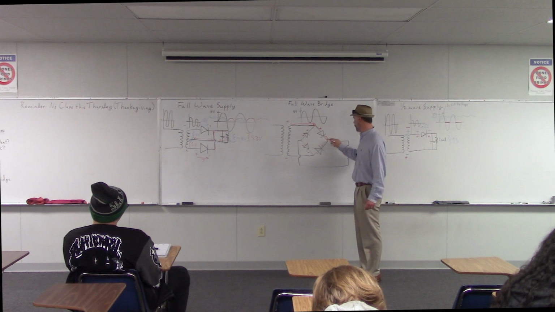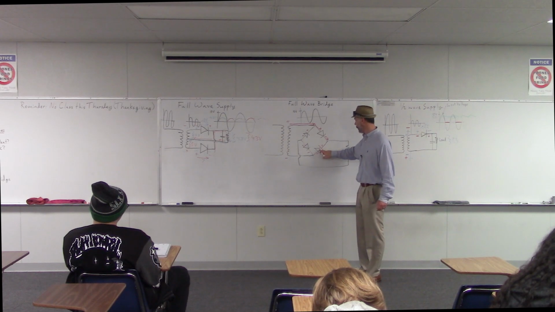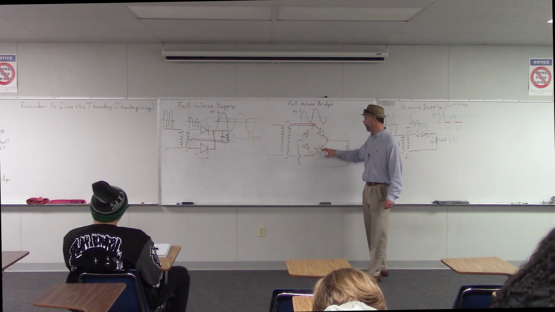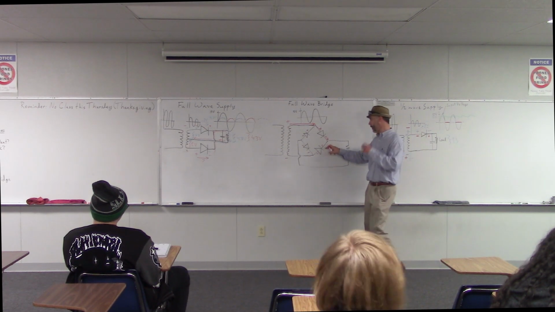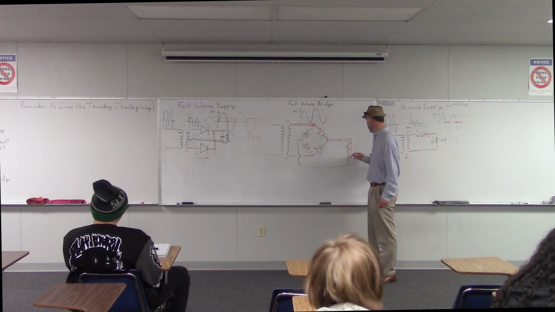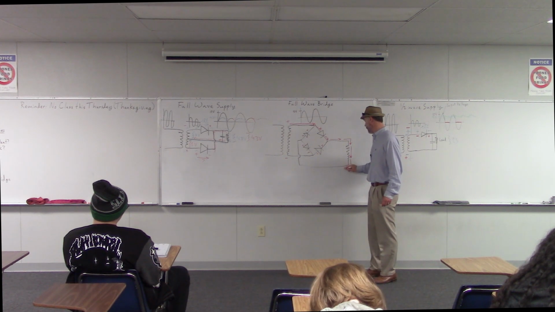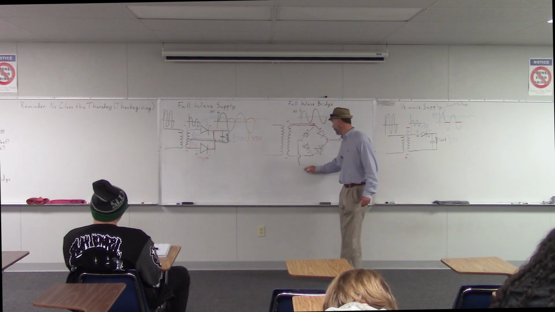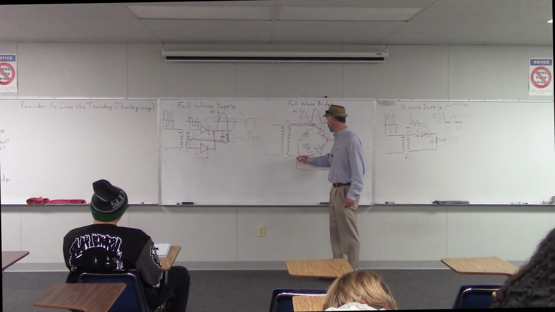And then can it go down through this diode here? No, that one's reverse biased. So the only other path is to go through the load. So it goes down here through the load, and then it comes around here.